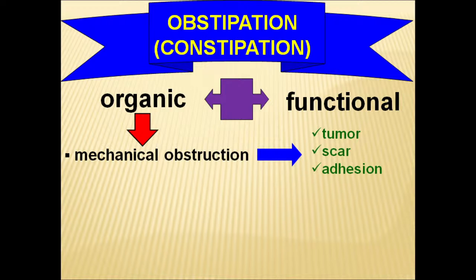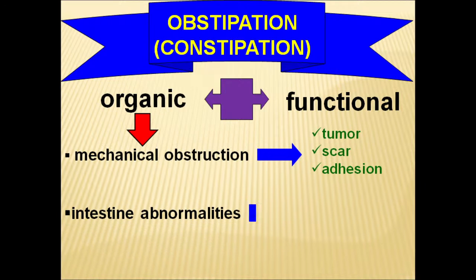Usually, it is the result of growth of a tumor, progressive growth of connective tissue, scar, or adhesion of the large intestine as a complication of some surgical treatment in the organs of the small pelvis.